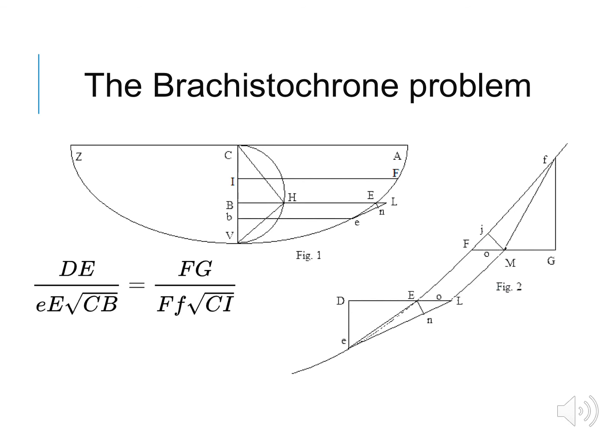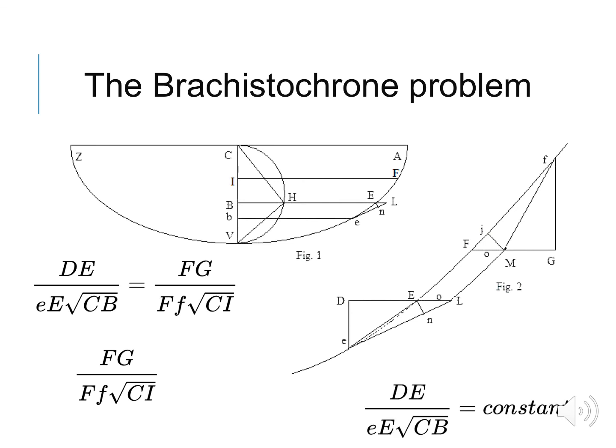If E is fixed, and if F is considered a variable point higher up the curve, then for all such points, Fg over Ff square root Ci is a constant. By keeping F fixed and making E variable, it's clear that d over E square root Cb is also constant.